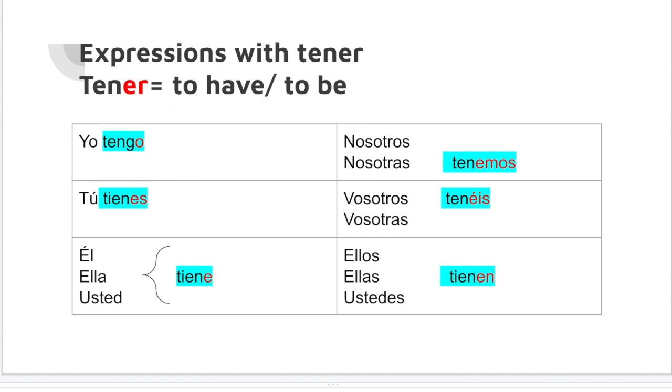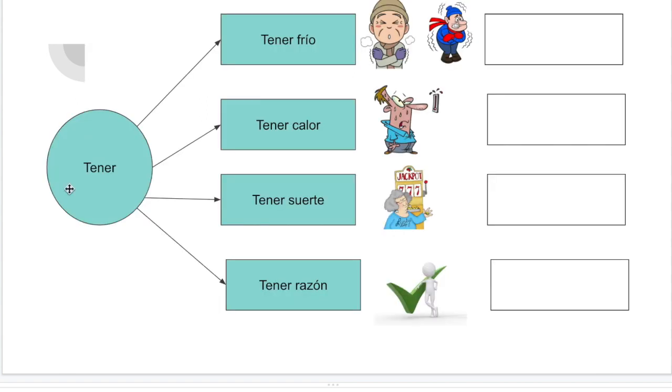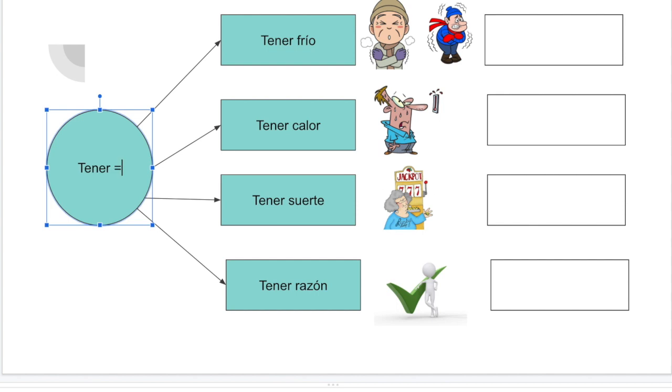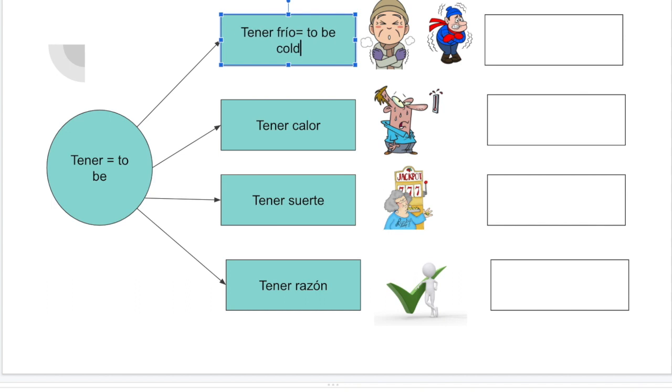All right. Now the expressions. Tener, sometimes and a lot of times in Spanish means to be, not to have. And let's learn some expressions. So tener frío means to be cold. So I'm going to describe they are cold. So I'm going to say that in Spanish.